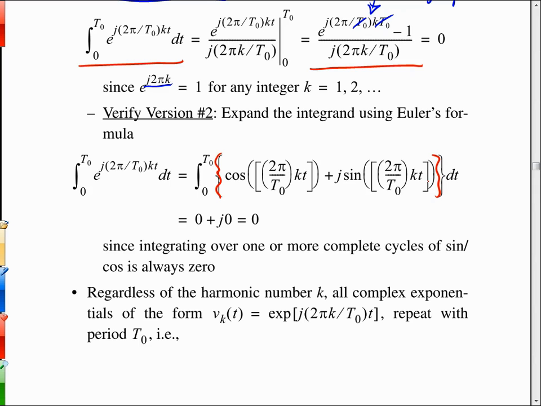But a fundamental property of cosines and sines is, when you integrate them over an integer number of periods, what happens? Whenever you integrate a trig function over an integer number of cycles, what do you get? I'm assuming that you've done this somewhere else.